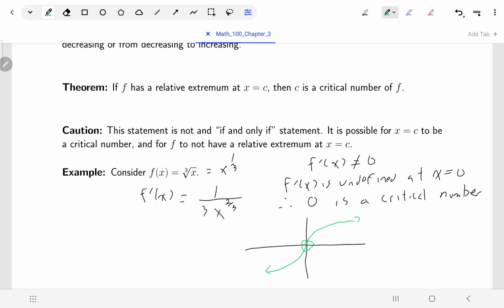We have f prime being undefined because at that point we've got a vertical tangent line, but there's no max, there's no min, even though we happen to have a critical number. So we have to be careful here. If you have an extreme value, then that happens at a critical number, but the reverse is not necessarily true. If you have a critical number, it may or may not be the location of an extreme value.